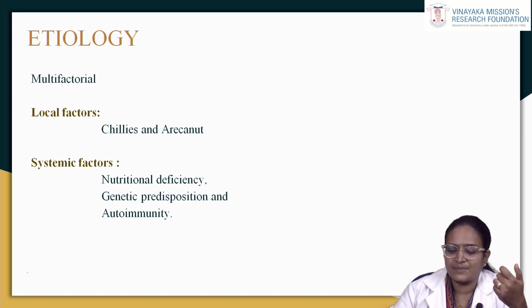Some cases are also reported with genetic susceptibility, autoimmune mechanism or repeated trauma from chewing habits. Although several factors contribute, areca nut remains the principal etiological agent, therefore habit history is extremely important while examining patients.